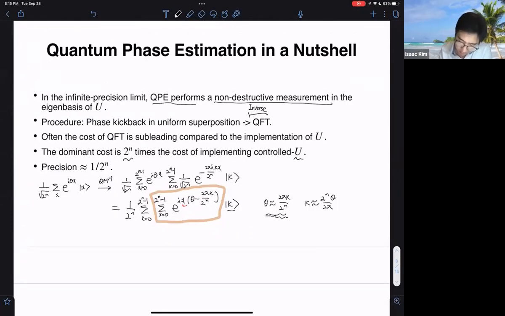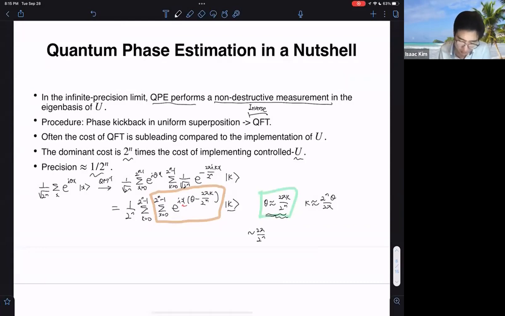And the precision that you get, so this is the key formula: theta is 2 pi k divided by 2 to the n. k is just an integer, so the smallest unit here is 2 pi divided by 2 to the n.